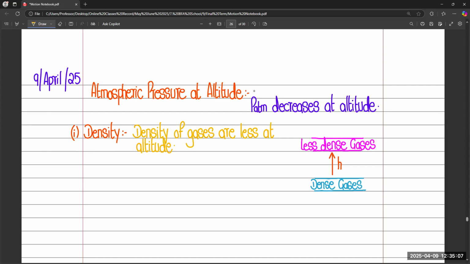And how to explain that density is less? Basically, when we are talking about less dense gases, gas particles are away from each other.